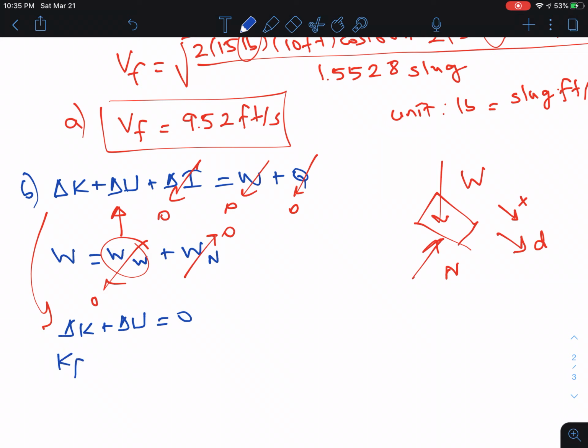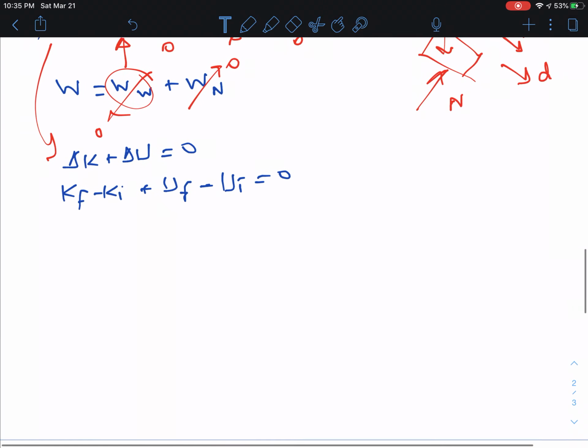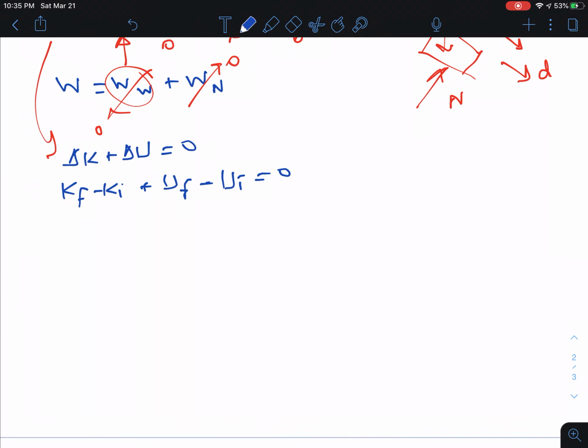And once again, writing what delta K is and what delta U is, equals 0. We're adding those terms. And similarly, we are going to think about, can I simplify further? Initially, kinetic energy was 0, for the same reason.